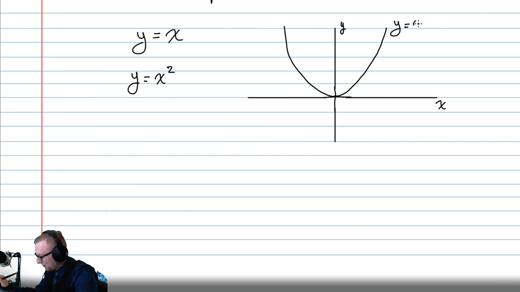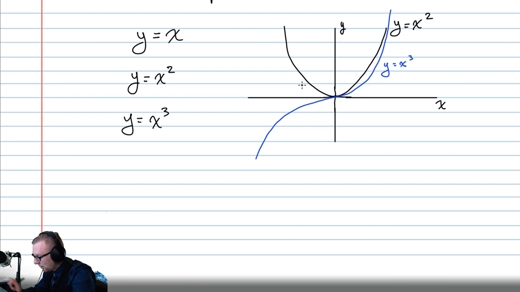So there's y equals x squared. Okay, y equals x cubed. The opposite way? I'm not sure. Or is it like the noodle line? I think you understand the noodle line. So the blue one, y equals x cubed. It's probably not very accurate, but that's the general gist.